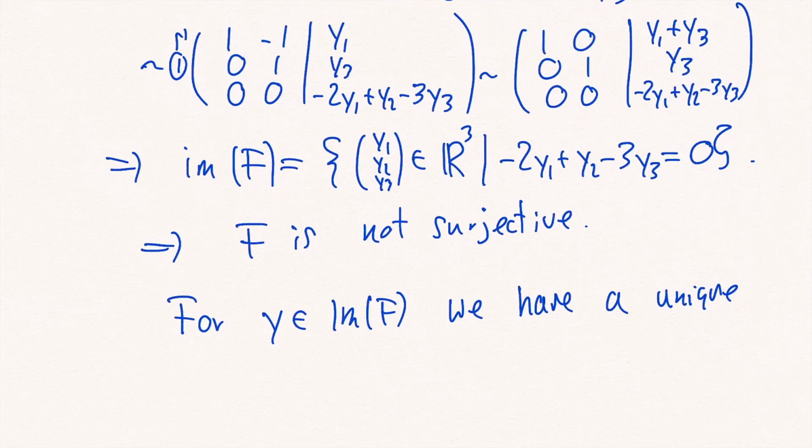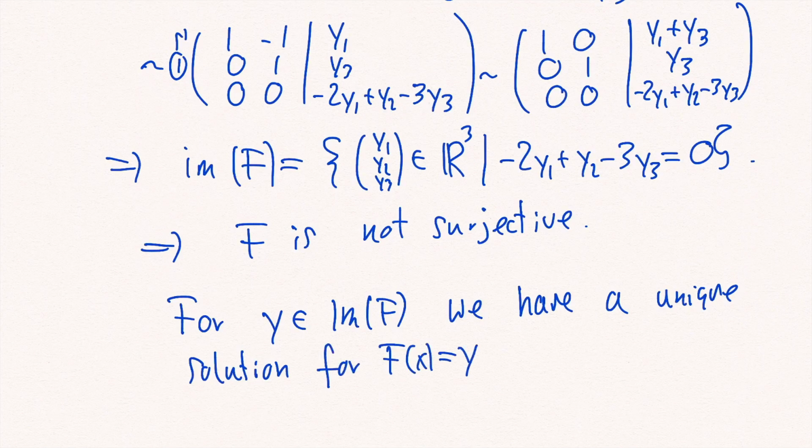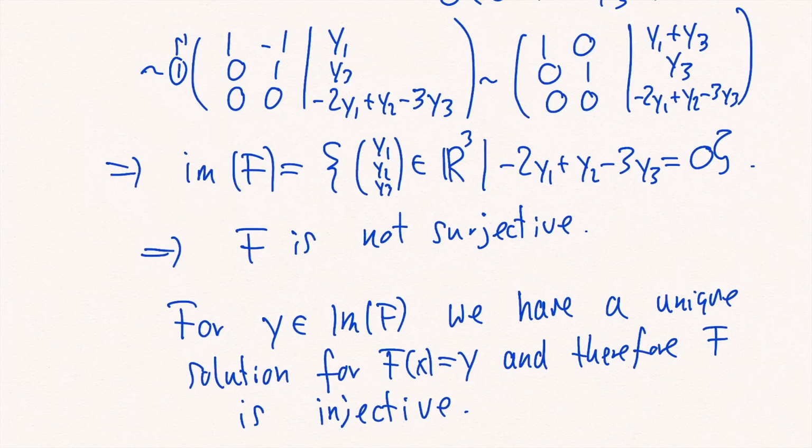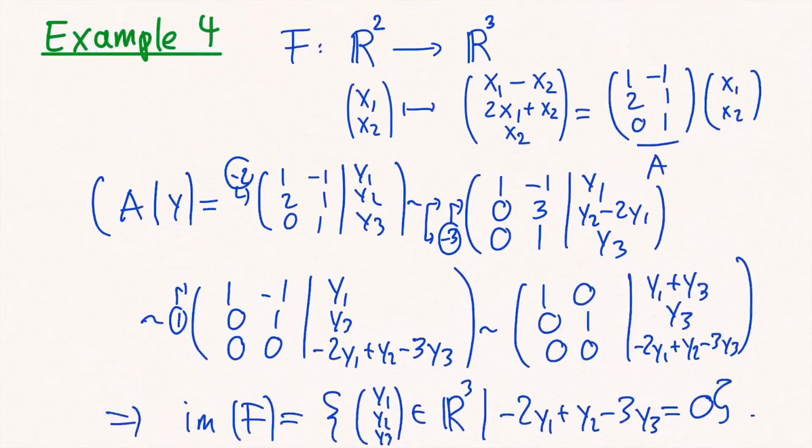So for an element in the image, we have a unique solution for f of x equals y, and therefore f is injective. So in this case, f is not surjective, but f is injective.